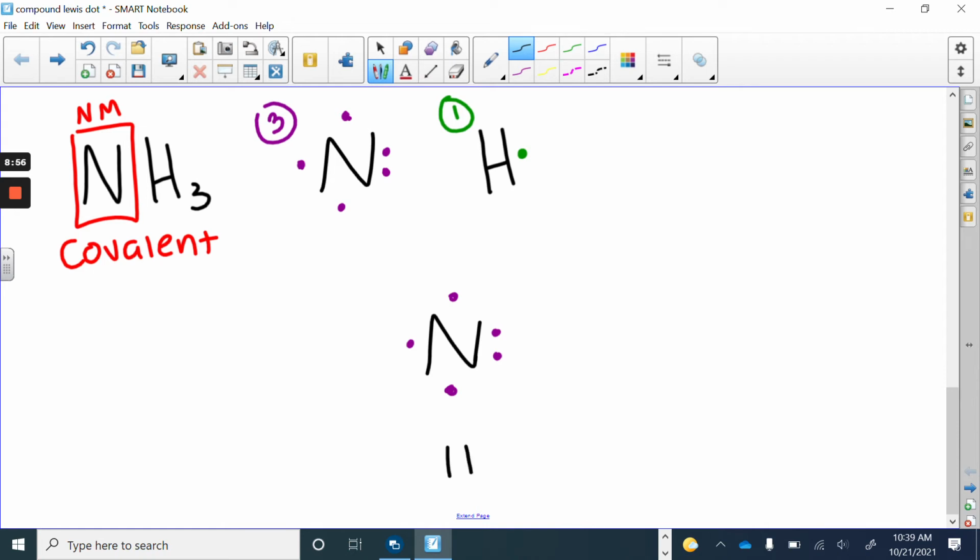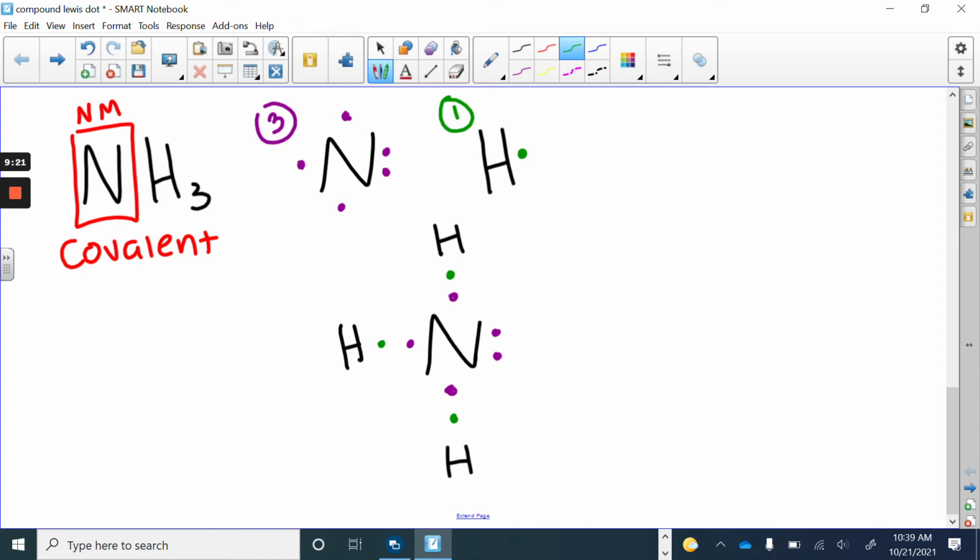So hydrogen here, a hydrogen here, and a hydrogen here. Now add in the valence electrons between hydrogen and nitrogen to show the bond is formed. So there's hydrogen's valence one, there's hydrogen, and there's that one. And that is the Lewis dot structure for ammonia.